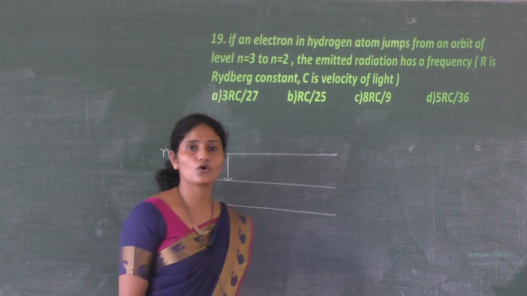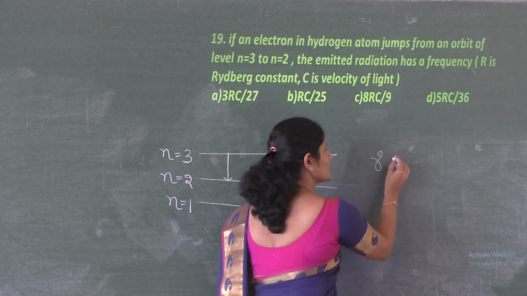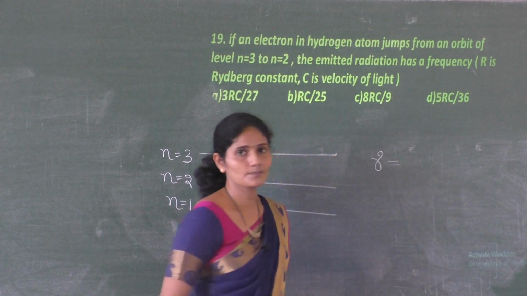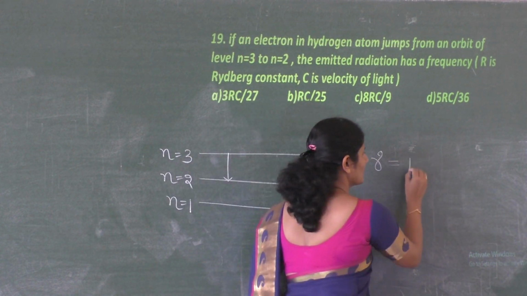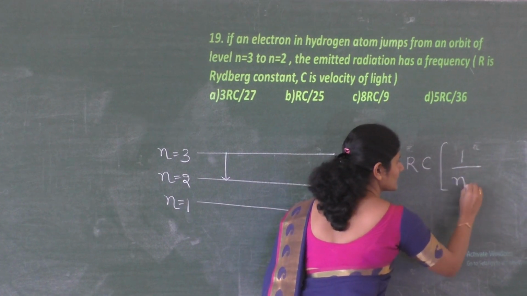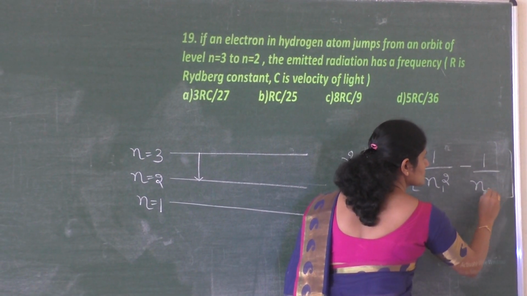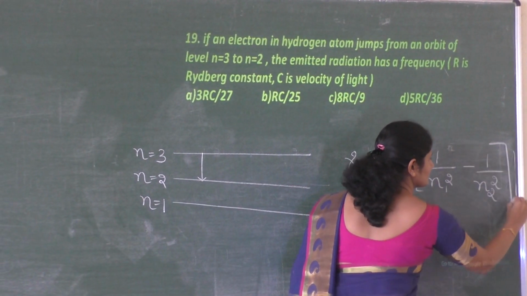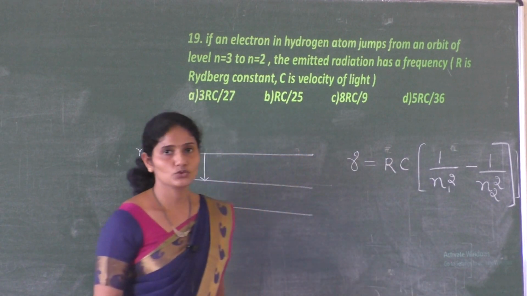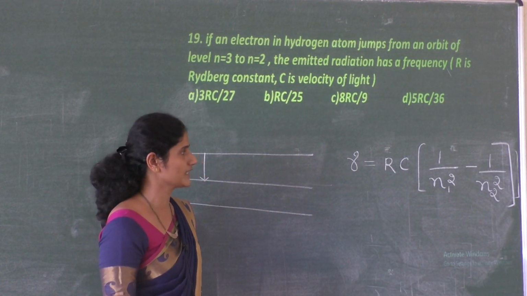What is the expression for frequency of the radiation? Frequency nu is equal to Rc into 1 by n1 square minus 1 by n2 square.